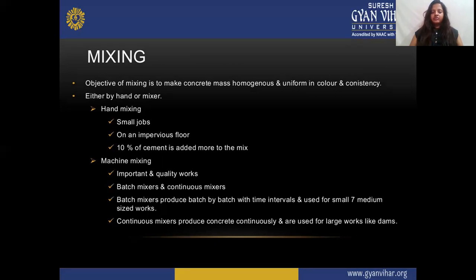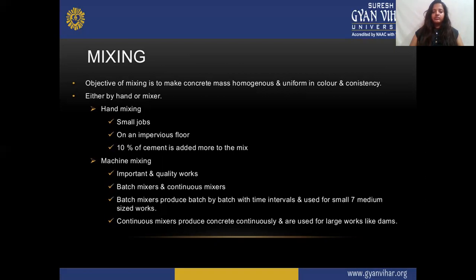Whereas with machine mixing, you can achieve a good quality concrete mix. If you want the quality and the grade of concrete to be achieved, it is quite essential for you to use machine mixing.